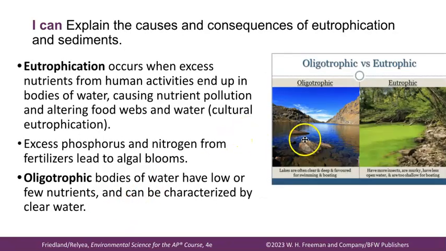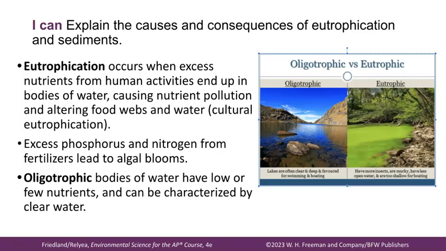Okay, a reminder of eutrophication. We learned it before in Unit 1 when we studied the nitrogen cycle and the phosphorus cycle. Here it is again. So remember, nutrients from human activities end up in bodies of water, causing nutrient pollution and altering food webs and water. Sometimes it is called cultural eutrophication. It's the same thing for our purposes.